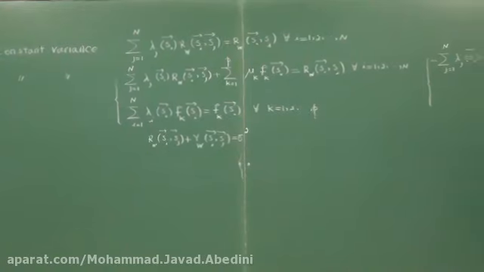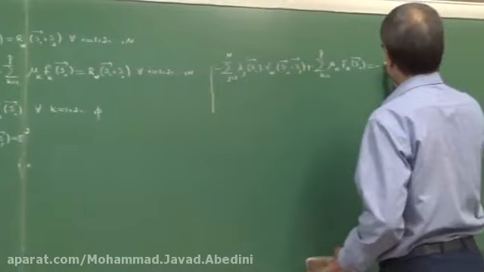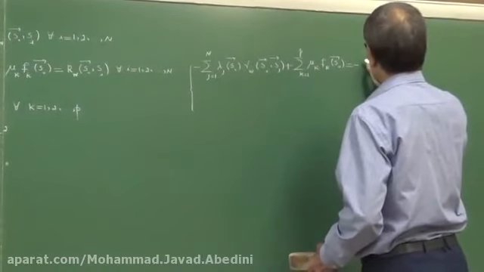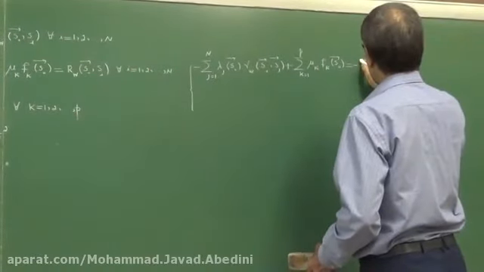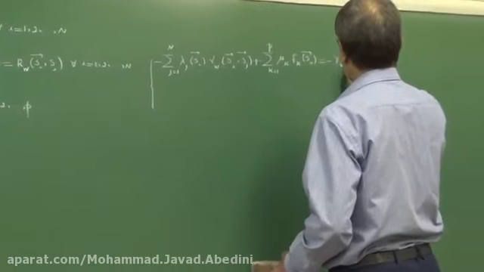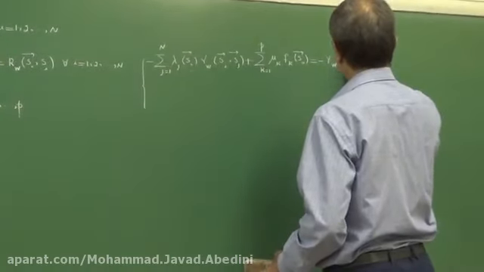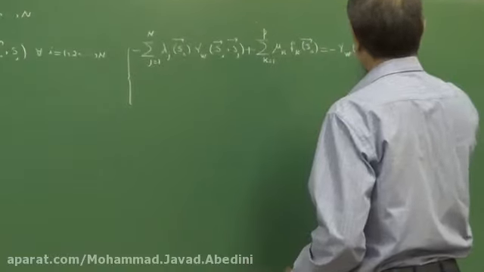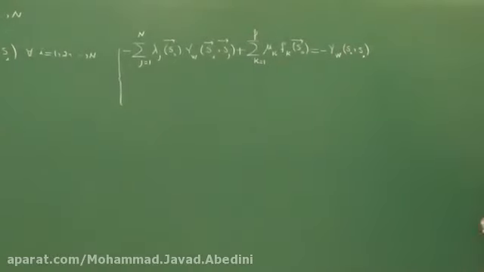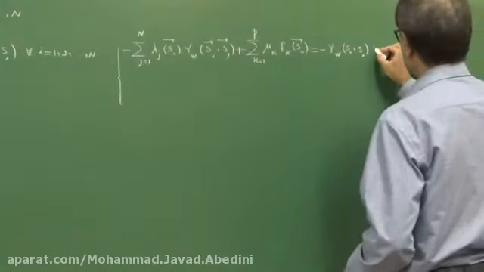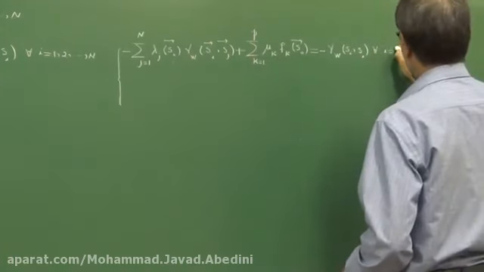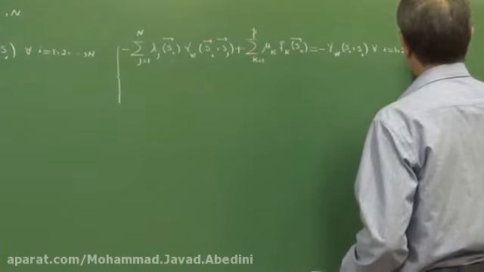This has to be equal to minus gamma W at S0, Si. Once again, you have to define i externally. I should go from 1 to n.